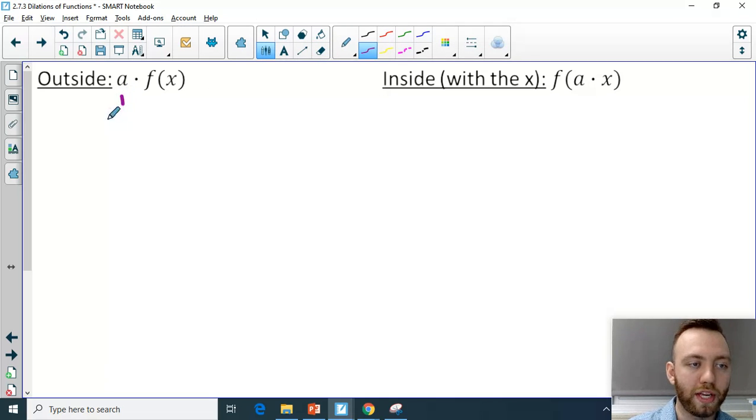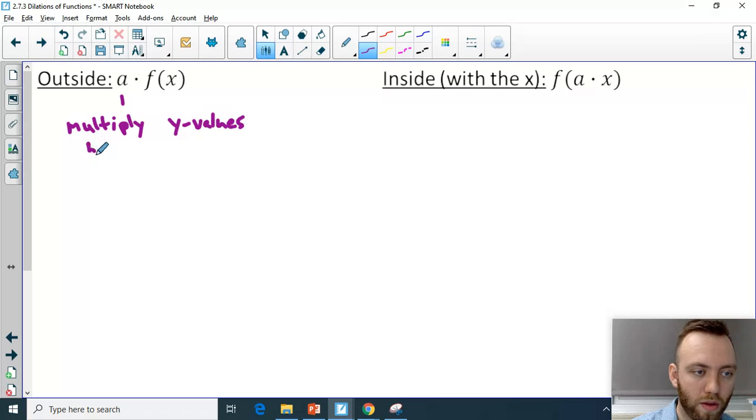When it was on the outside, we multiply the y values by a.